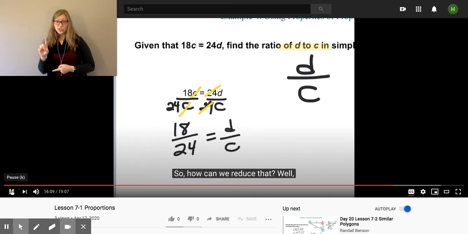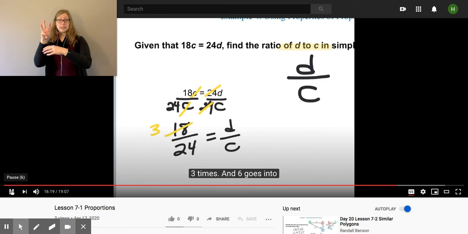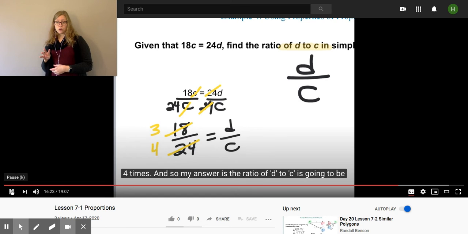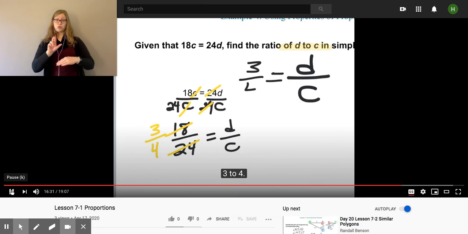So how can we reduce that? Well, what's the largest number that I can think of that goes into 18 and 24? I think that's 6. So 6 goes into 18 3 times, and 6 goes into 24 4 times. And so my answer is the ratio of D to C is going to be 3 to 4.